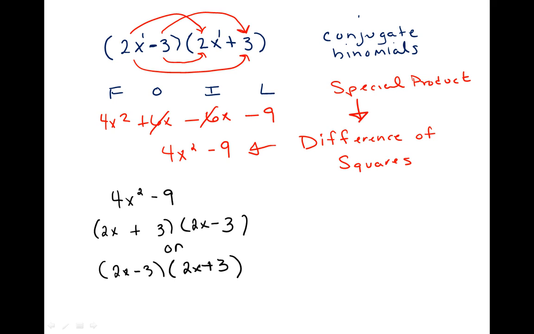So let's just practice factoring a few differences of squares. I'll call this number 1. All of these we're factoring. I tell you to factor z squared minus 121.